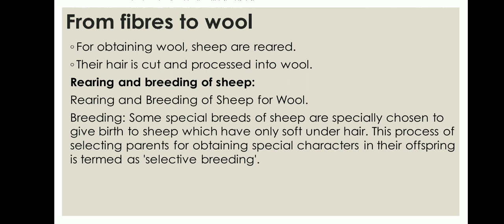We wear woolen clothes in winter to protect ourselves from the cold, right? Wool is mostly obtained from the fleece of a sheep. There are two types of fibers we get from it. First is coarse beard hair, and another is soft under hair.